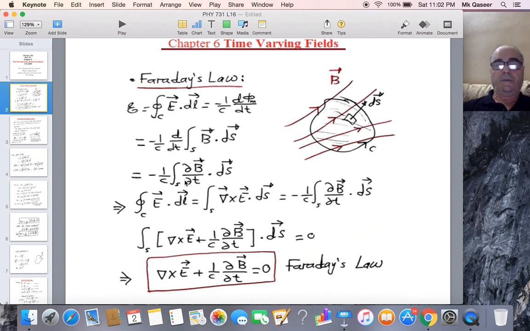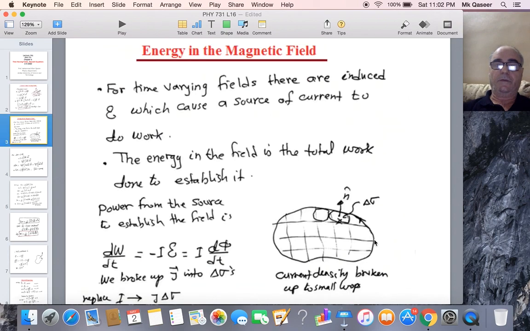Now using Stokes' theorem, we can convert this into a surface integral, which gives curl E dot ds, which is equal to the flux. Now take this to the other side, and this is true for any surface. Therefore, we get curl E plus 1 over c dB by dt equals 0. This is Faraday's law of induction.